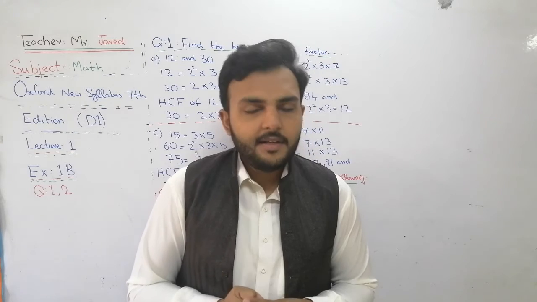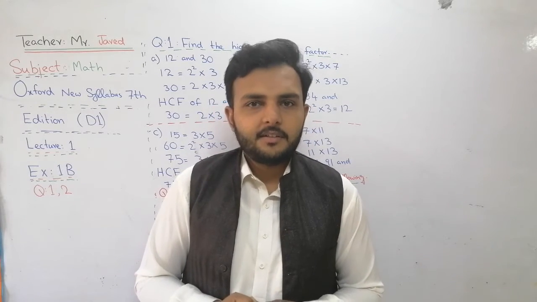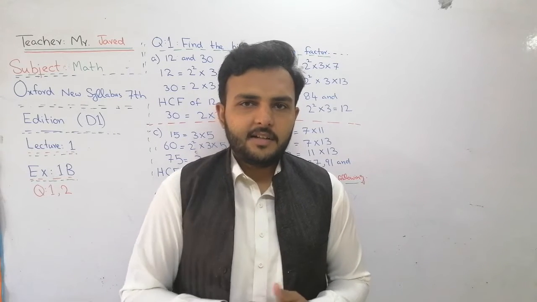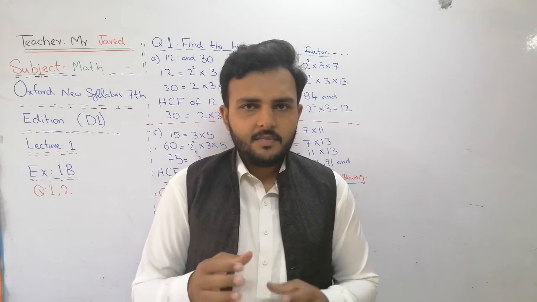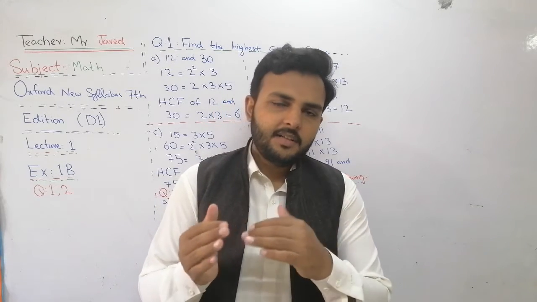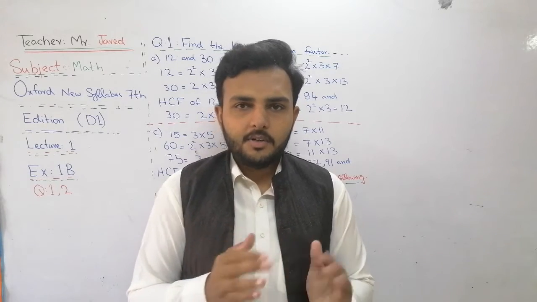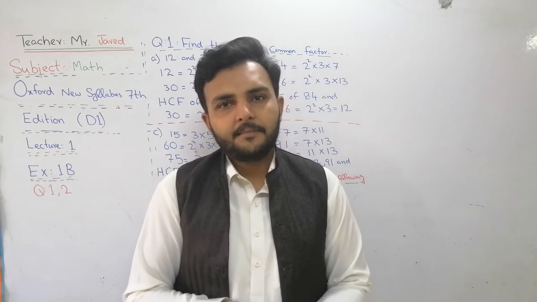The next is factor. Factor is a number that can divide another number. The numbers that can divide 10 are 1, 2 and 5, so 1, 2 and 5 are the factors of 10.